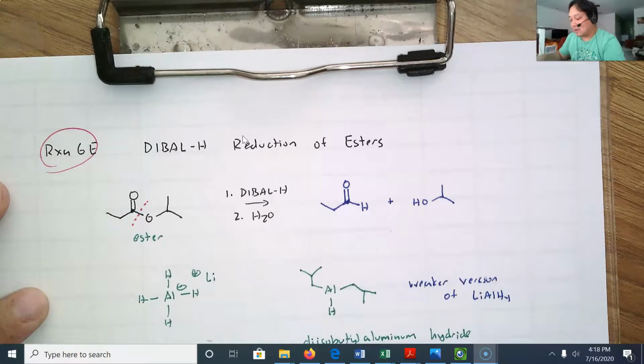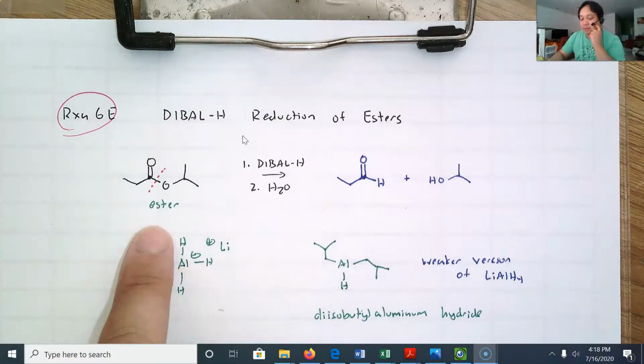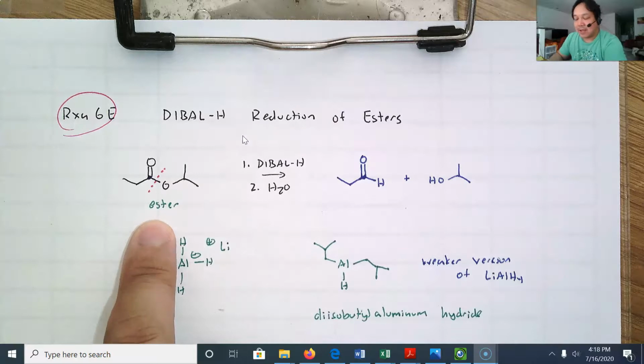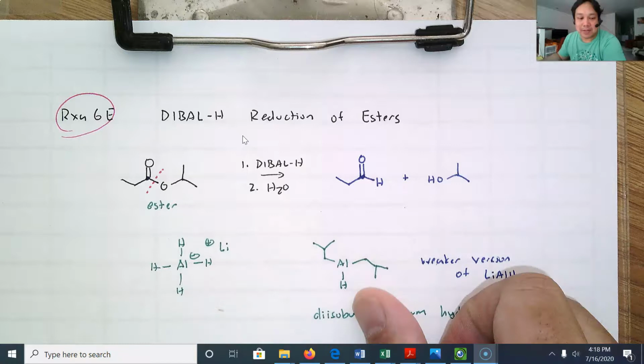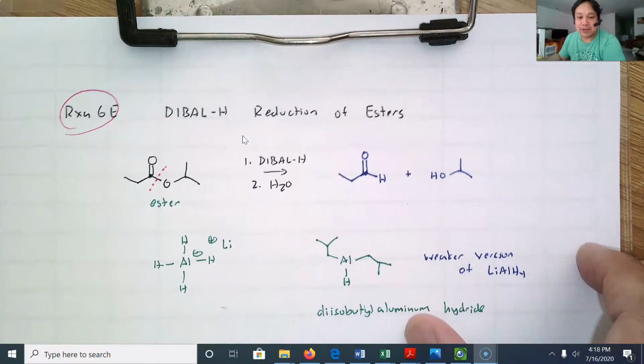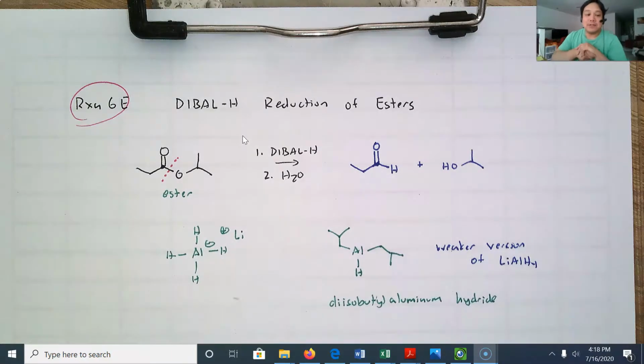If you think you're going to make a mistake confusing how to reduce an ester using LiAlH4 versus DIBAL, put those 2 reactions on the same note card. We still have a couple more reactions to do in the carboxylic acid derivative unit. I think I could get the rest of them in one more video, and then that will be it for Unit 6. And then we could start reviewing.